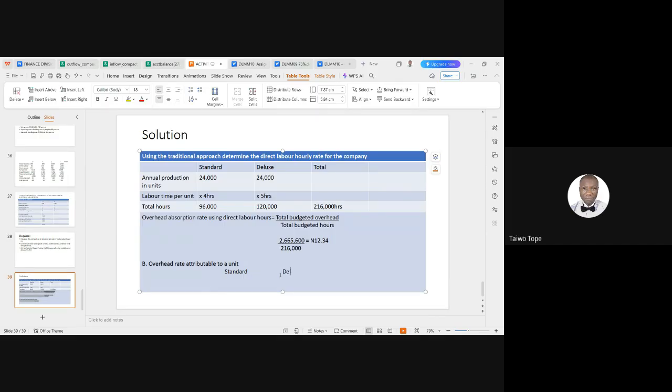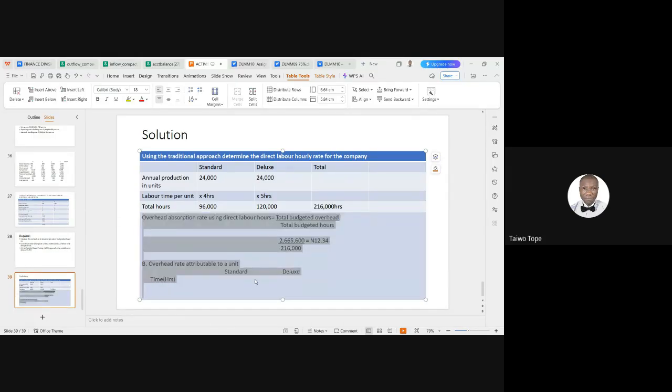Then we have the loss. For standard, we have the time in hours. To produce 1 unit of standard, how many hours do you need? 4 hours.